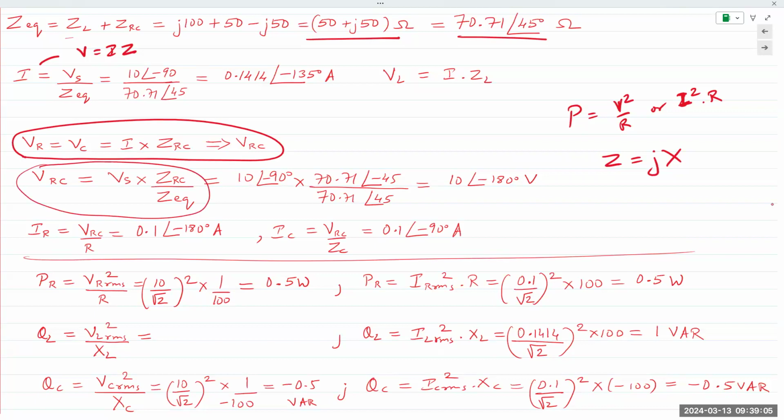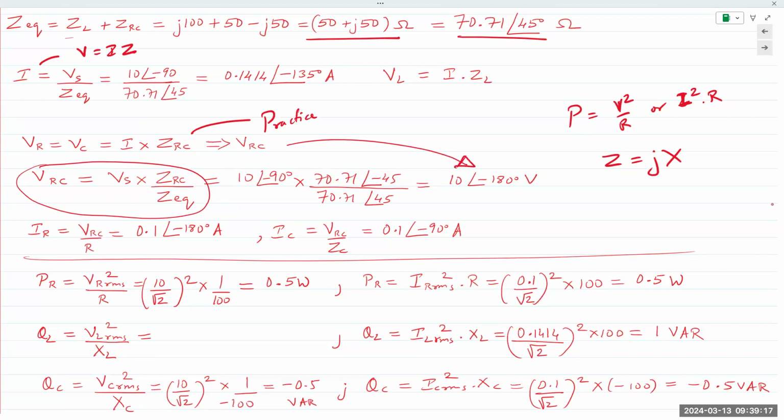Just to illustrate two different paths, you'll get the exact same answer. You can practice this, and you should obtain this exact same answer. Okay, I have used voltage division.